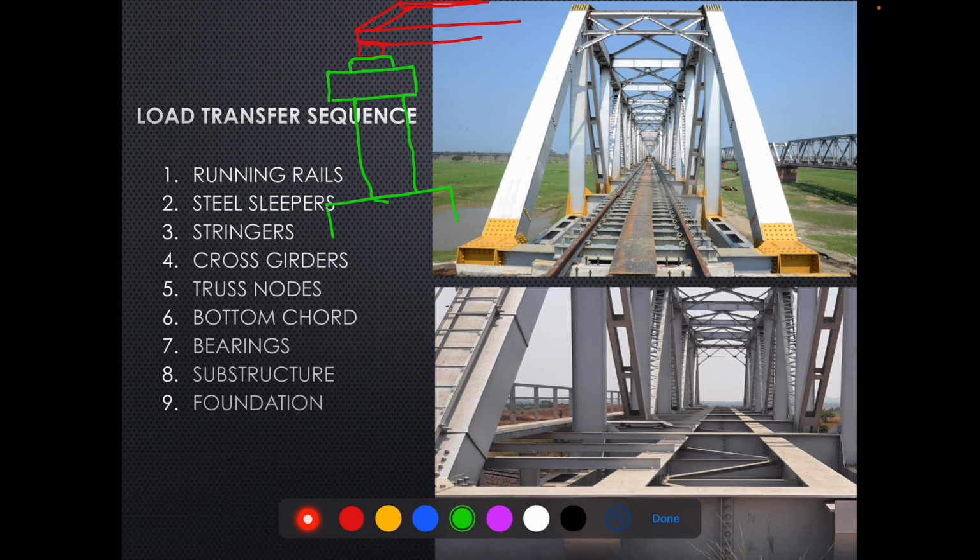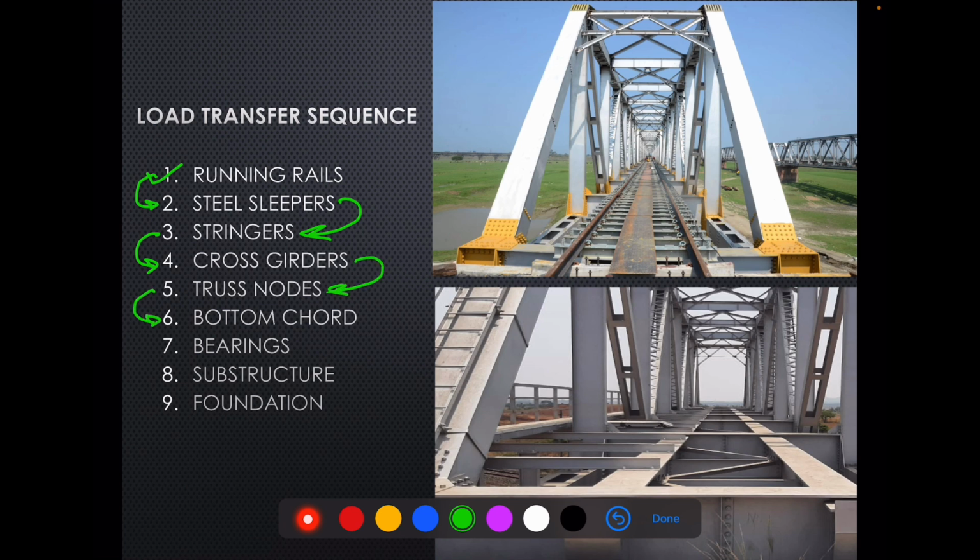So to sum it up, we can say that wheel contact takes place and the load from the train gets transferred to running rails, from running rails to steel sleepers, from steel sleepers to stringers, from stringers to cross girders, from cross girders to truss nodes, to bottom chord, to bearings, bearings to substructure, and finally to the foundation and then to the soil.